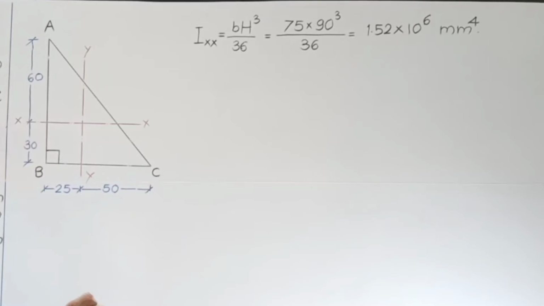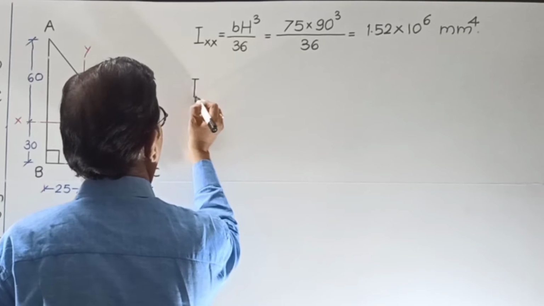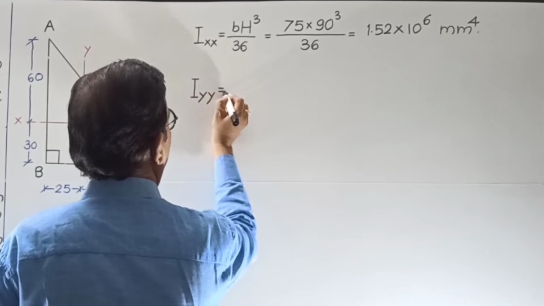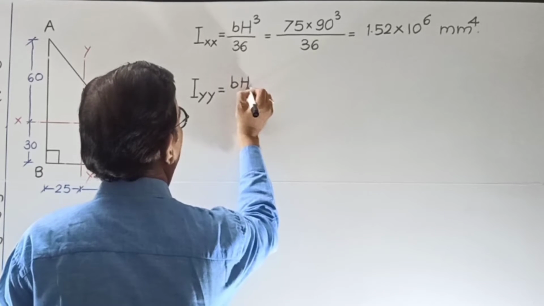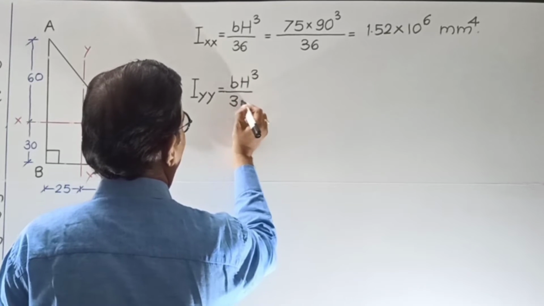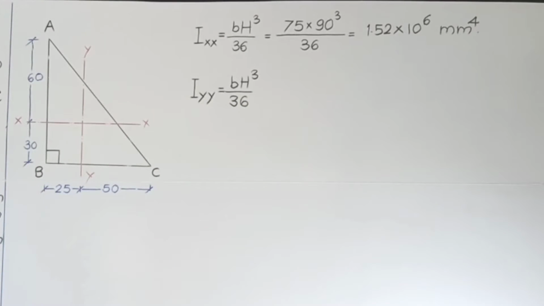Now let us calculate Iyy. This is your yy axis. For Iyy, this will be base and this will be height. So again the formula will be the same. Iyy is equal to B into H cube divided by 36. But mind well, now B and H have interchanged.